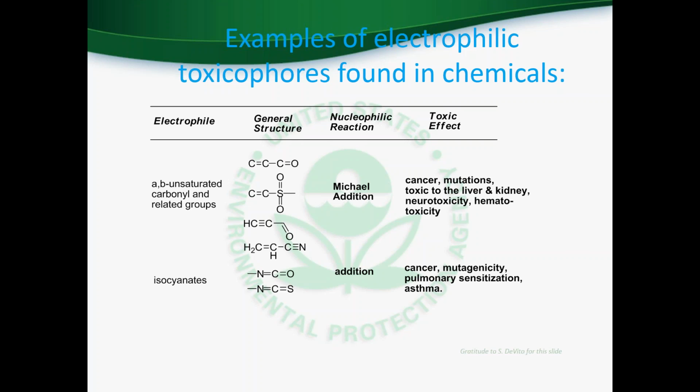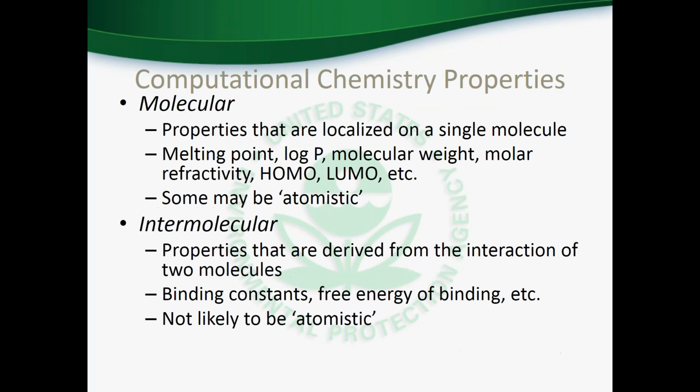Isocyanates that I talked about before. It's an addition reaction. So in your classes, when you're talking about Michael addition, or just general addition reactions, you can take the next step, use isocyanates as an example, and say, here are some of the endpoints that you need to consider when you're using these particular chemicals.